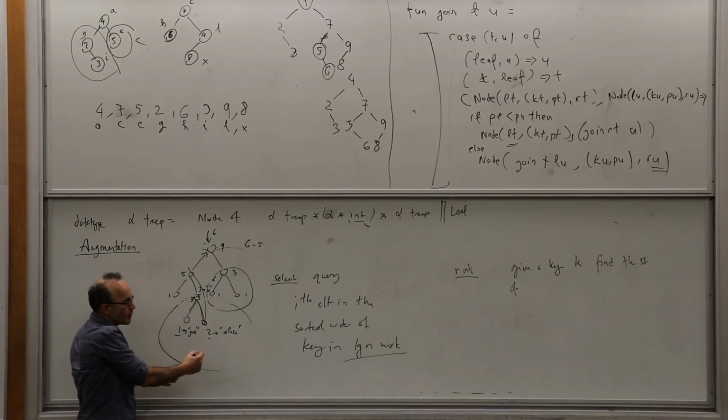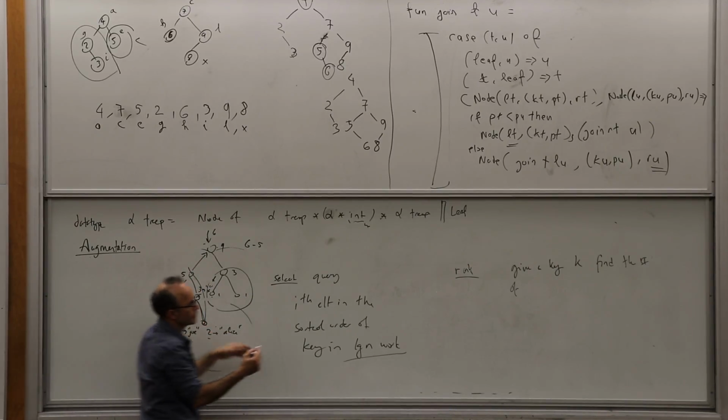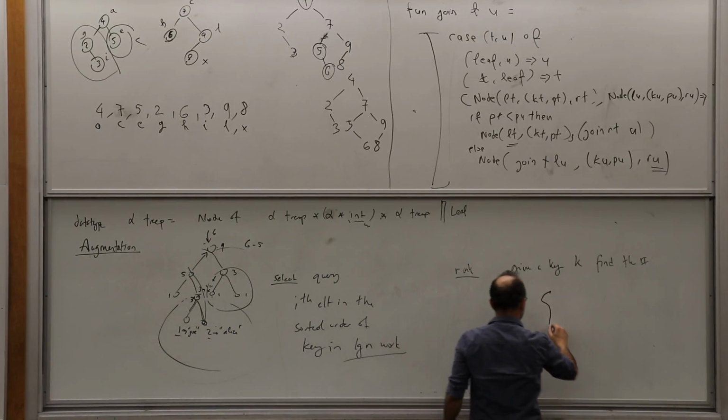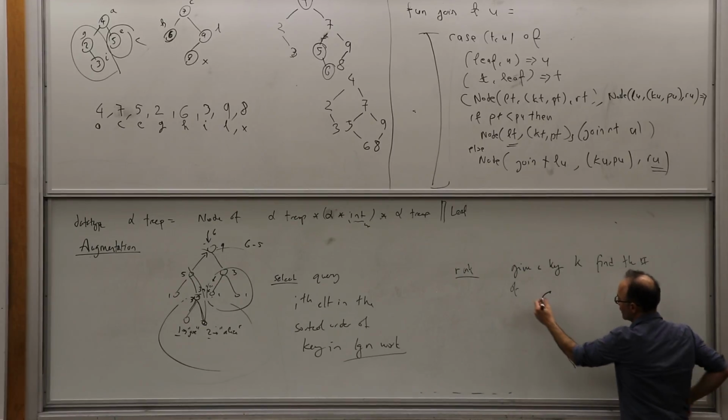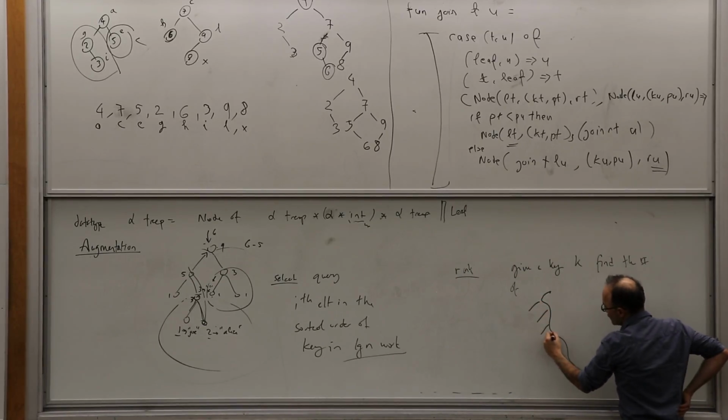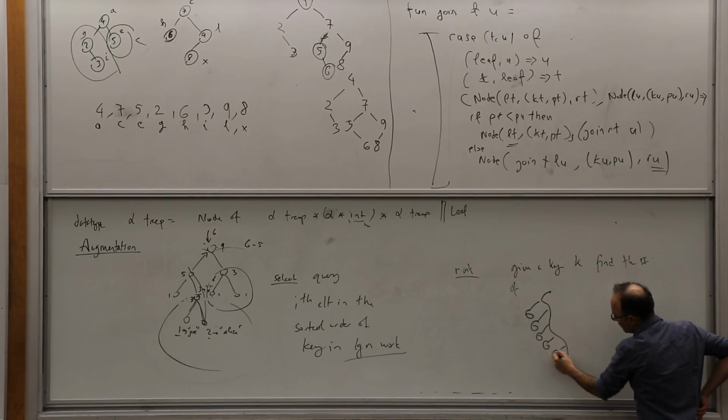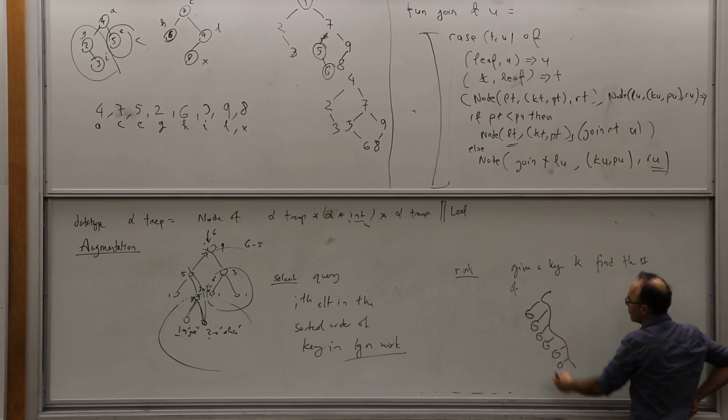So I do a little search, and as I do the search, I search for the key basically, and that's going to carve out a path. And I just take the subtree sizes from the paths hanging off, add them up.